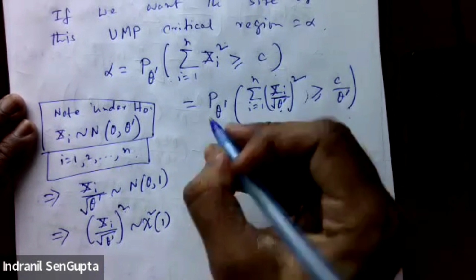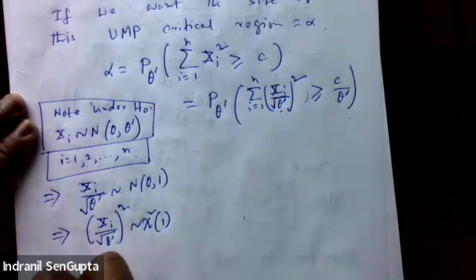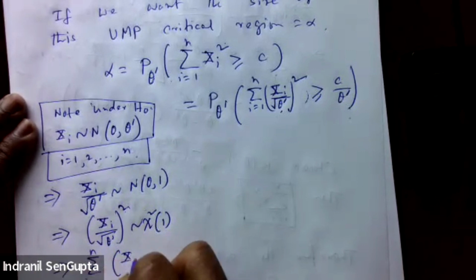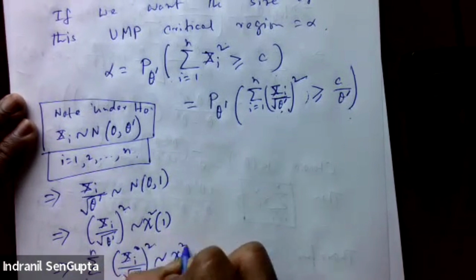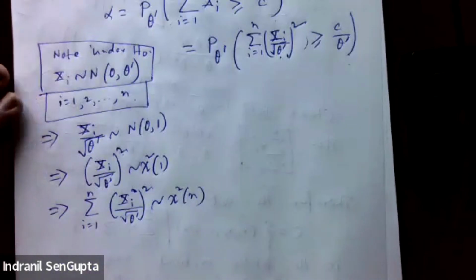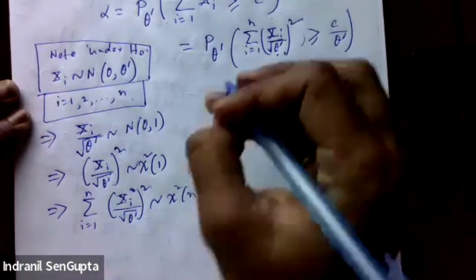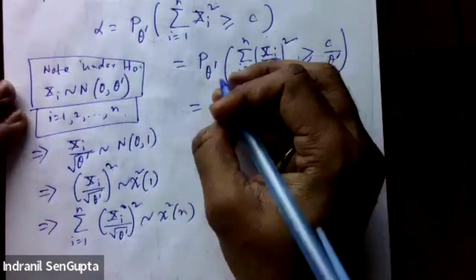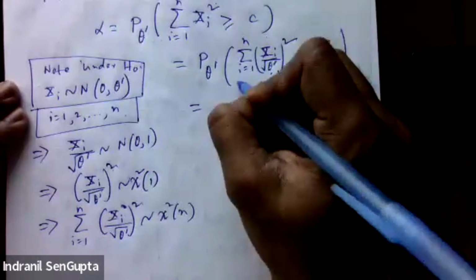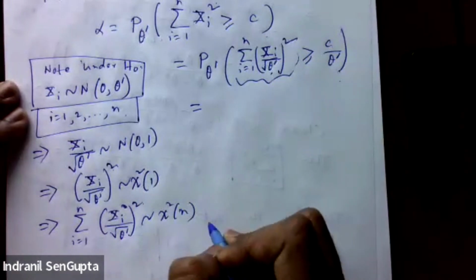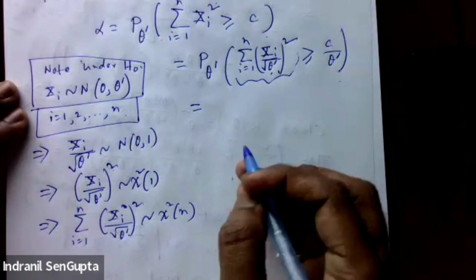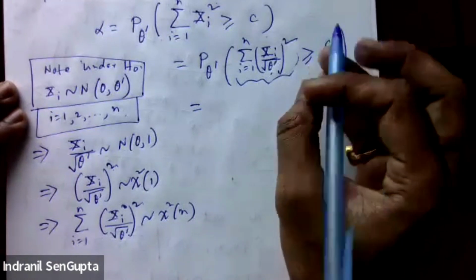Therefore, the summation i from 1 to n of (xi over square root of theta prime) squared follows chi-squared with n degrees of freedom. So what we are really trying to see is that this is a chi-square distribution with n degrees of freedom. So all we need to check is that we can have a level of significance of alpha.